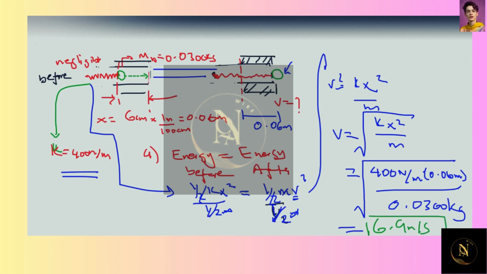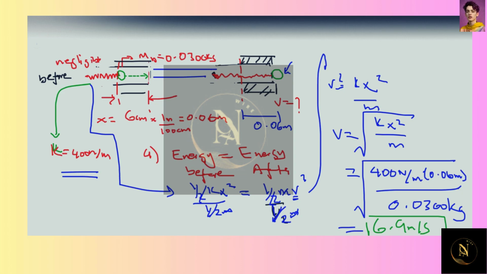So that's the velocity that the ball has when it's leaving the barrel. Let me just cross check again: 0.06, and then divide by 0.03. Gotta do that again.